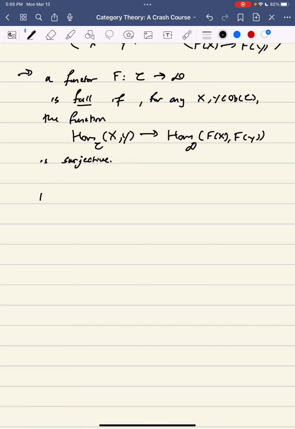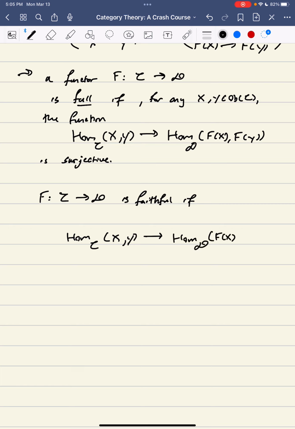Likewise, let's say the functor from C to D is faithful if the same function from the set of morphisms from X to Y into the set of morphisms from F of X to F of Y is injective.